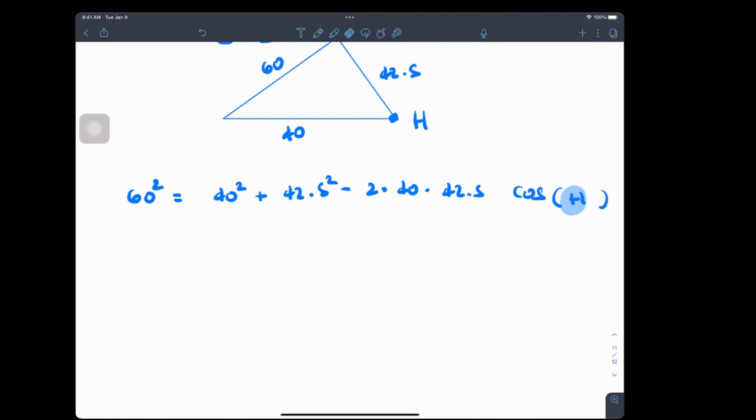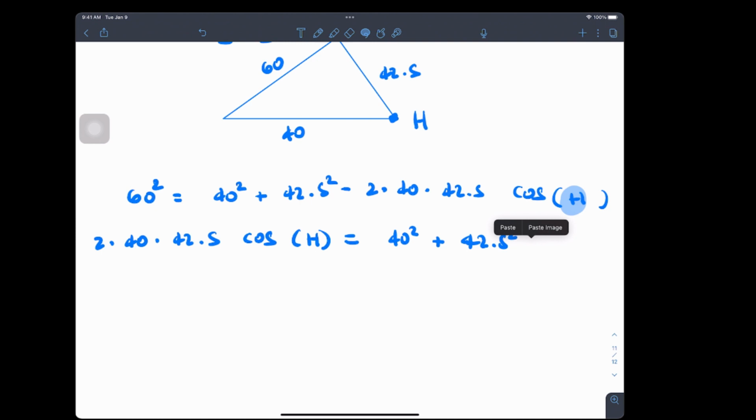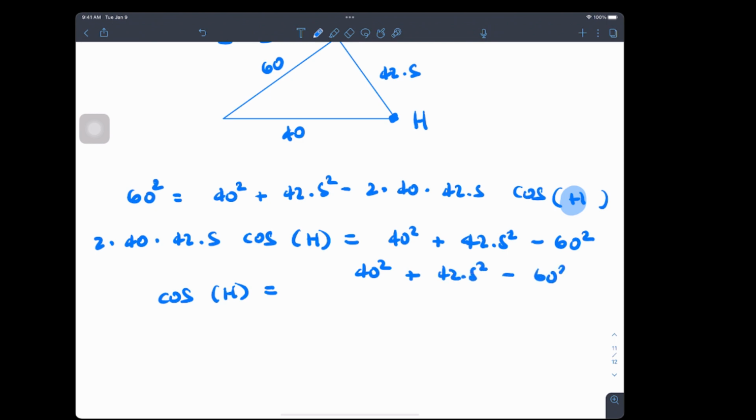Move the term over. Cosine H is 40 squared plus 42.5 squared minus 60 squared, all over 2 times 40 times 42.5.